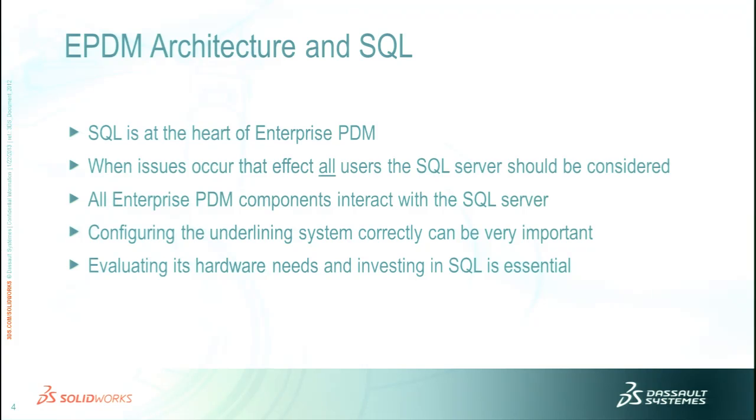Every single component in EPDM will communicate with this central SQL Server. Even the file server, the archive server, will talk to this SQL server, as well as the clients and perhaps the web server. So it's very important to make sure the system running SQL Server is configured correctly and given a lot of priority.